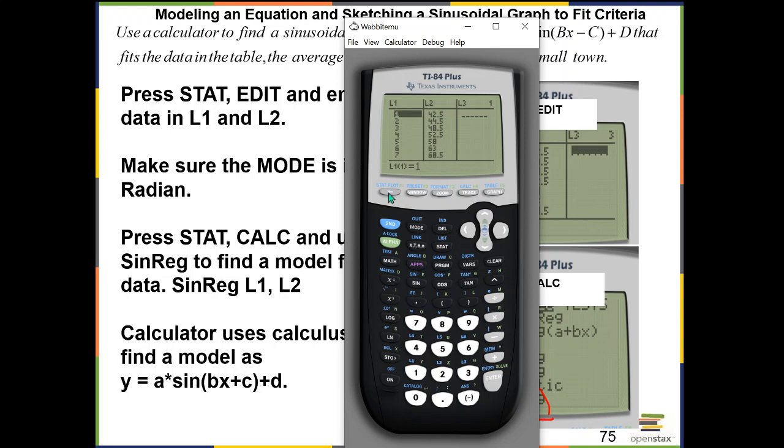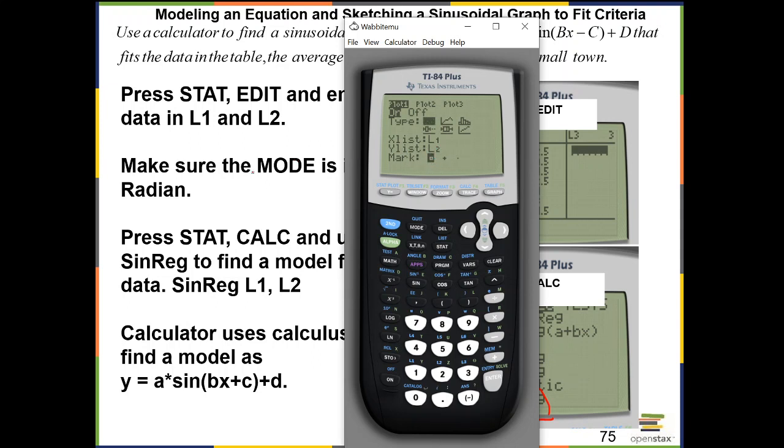So let me go to y equals and get rid of all of these numbers here. And then go to Stat Plot, get the first one, turn it on, and then we want the scatter plot of these points. And the x is in L1, the y is in L2, right?